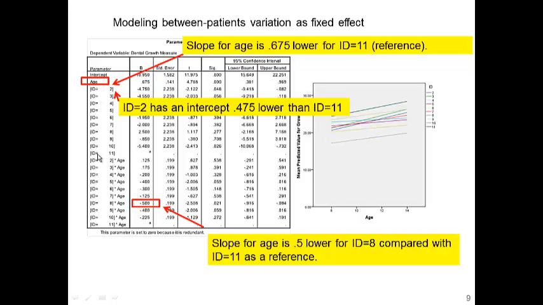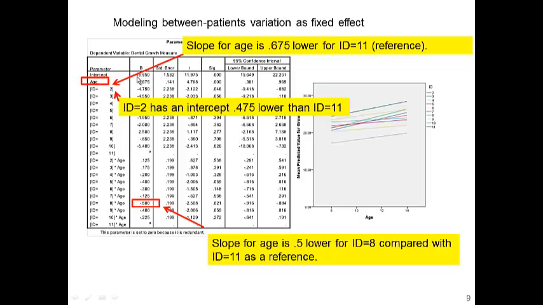And quick eyeballing. Okay, so by looking at this, you know ID number 11 person is the reference category, because we did not change the reference category, and SPSS uses the largest number as the reference category by default.